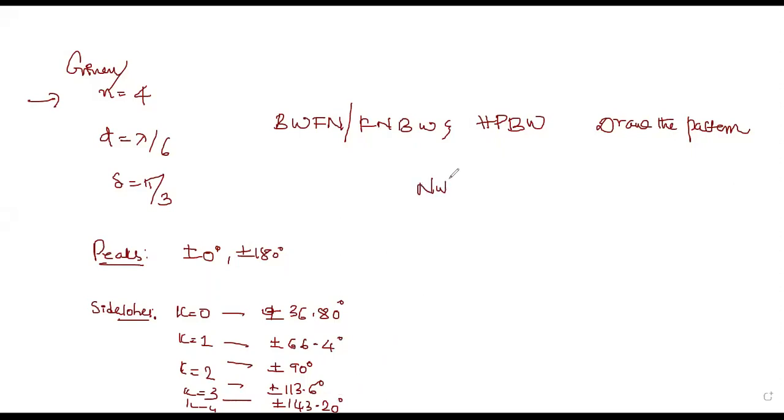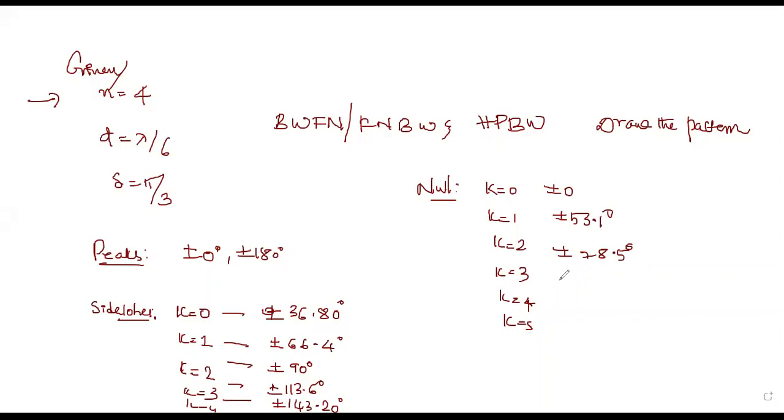Similarly, null direction, k is equal to 0, 1, 2, 3, 4, and 5. This is plus or minus 0. Two values are there, other values invalid. I have not written it. 53.1 degree. This is 78.5.